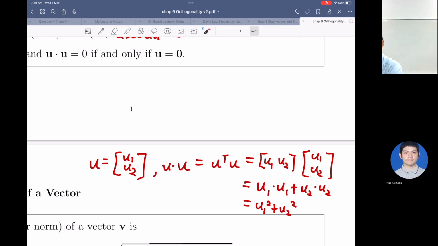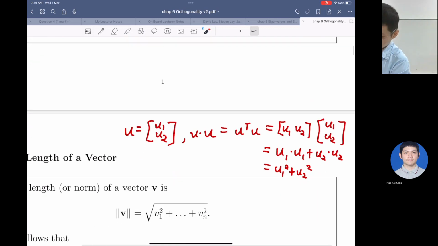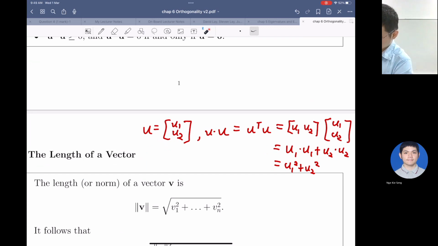Does this look a bit like the Pythagoras theorem? So we define the length of a vector to be the norm of v. We call this a norm. The norm of v is equal to the square root of v1 squared plus v2 squared plus up to vn squared.